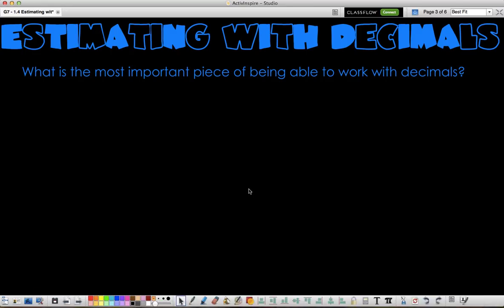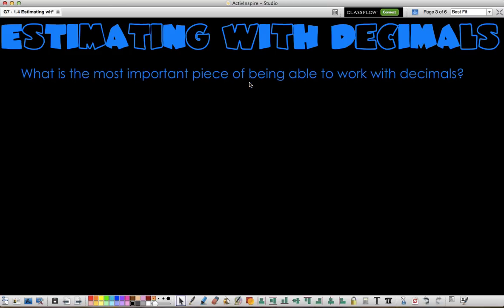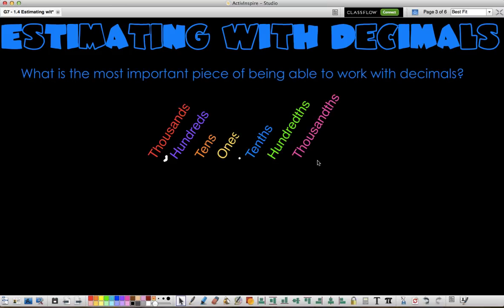All right, so estimating with decimals. When we talk about estimating with decimals and decimals in general, what is the most important piece of being able to work with decimals? If you said place value, you are absolutely correct. You have to know your place values. Remember, the place value tells you the place, so where it is, and the value tells you how much it's worth. So if I ask you for the place value, I'm asking where is it?